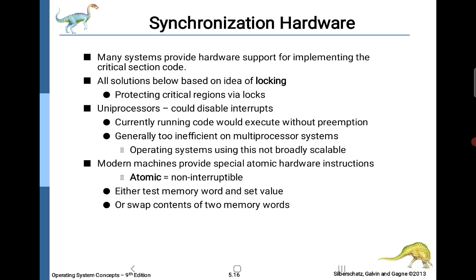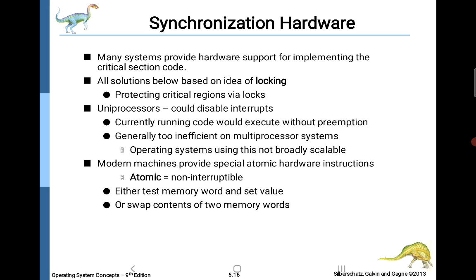The basic concept is creating locks: when a process is changing the value of a common variable or a common data entity that is shared between processes, it will lock this data entity until it finishes the whole process of changing its value.